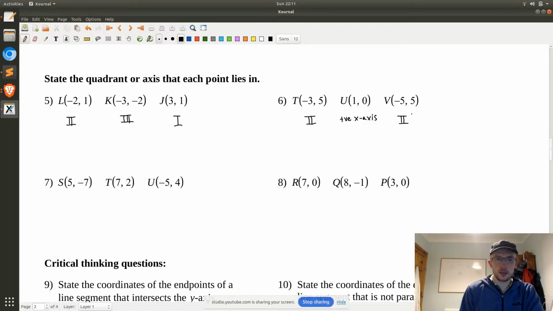This is quadrant 2. This is quadrant 4, quadrant 1, quadrant 2. This is in the positive x-axis. Quadrant 4, and the positive x-axis.